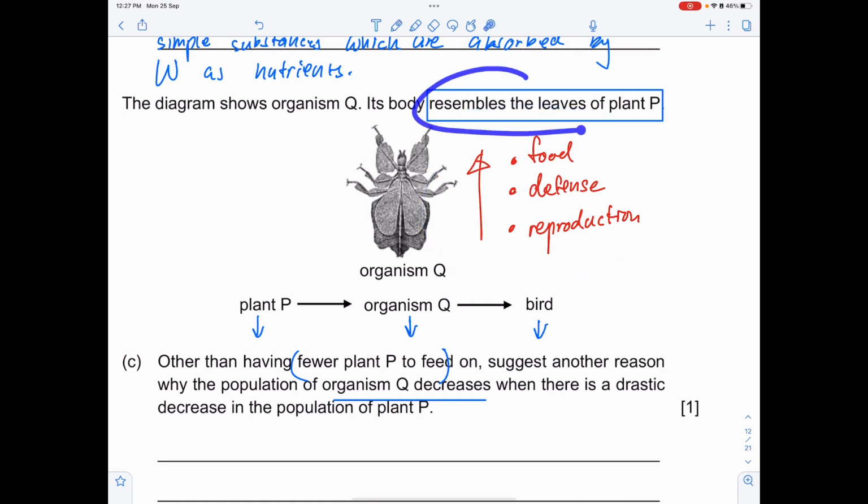So in this case, it tells you it resembles the leaves of P. So obviously, it wants to be camouflaged. Now, when you talk about camouflage, you also need to be careful. You need to see whether the camouflage is to get more food or is for defense. Why? Because it could be a camouflage and you still want an increase in food. For example, if you are an Arctic fox, the fur is white in color to blend with the snow so that your prey will not be able to see the fox easily.